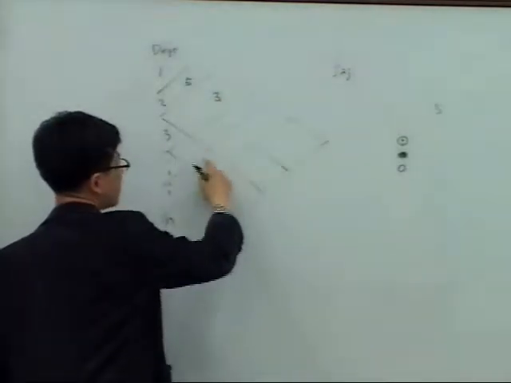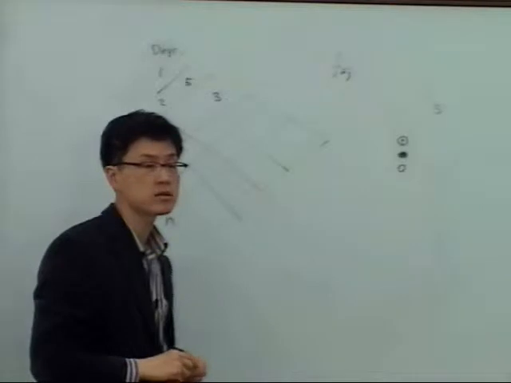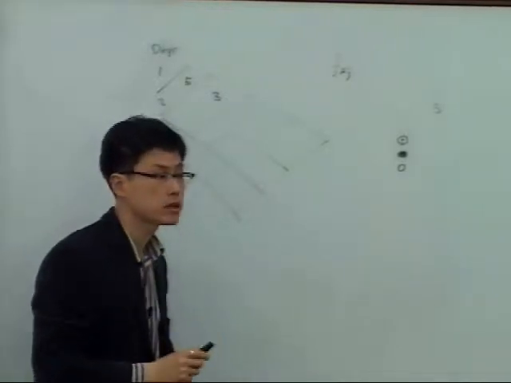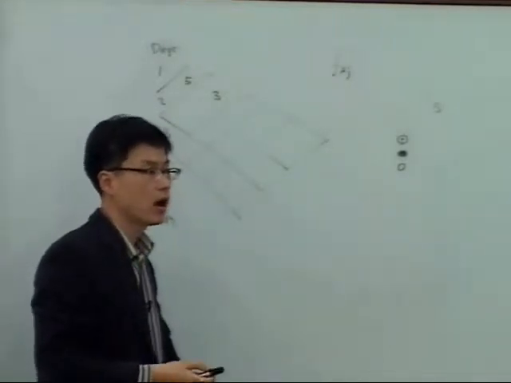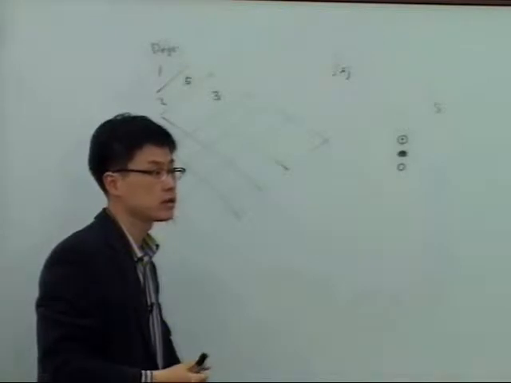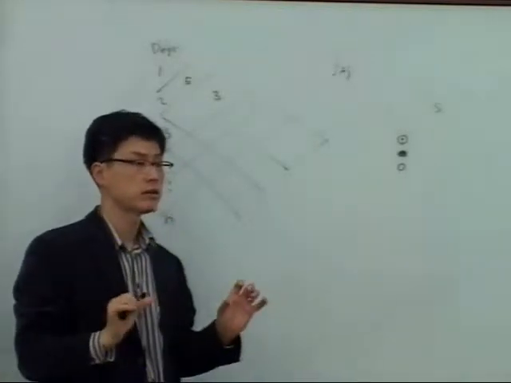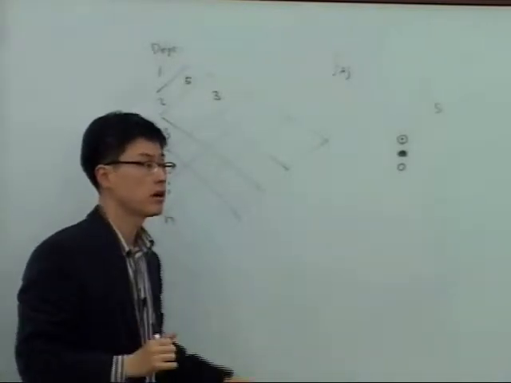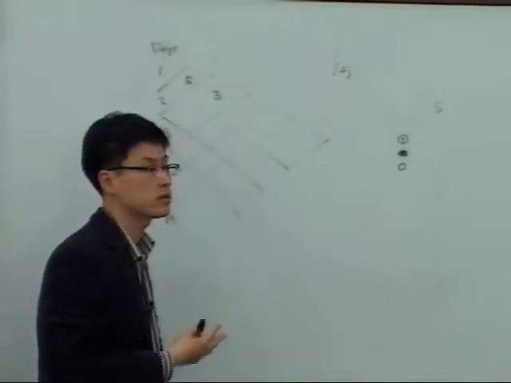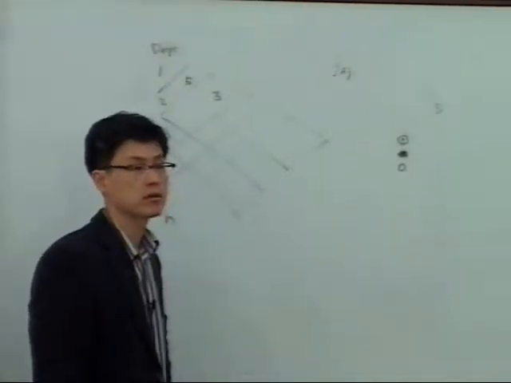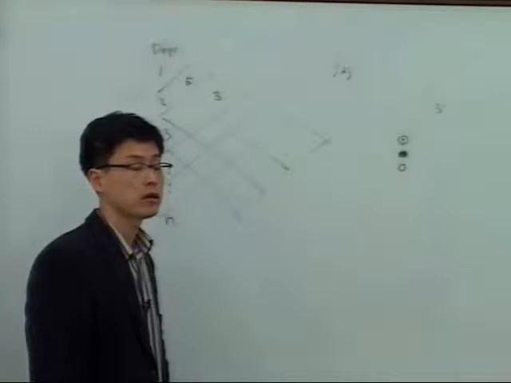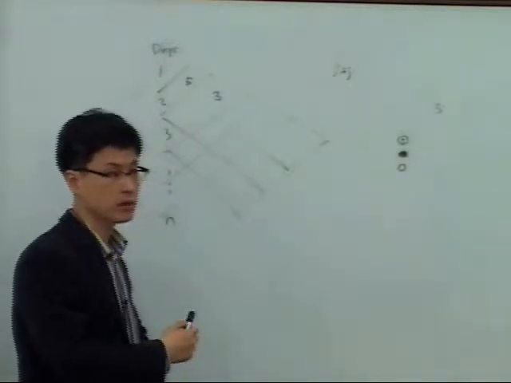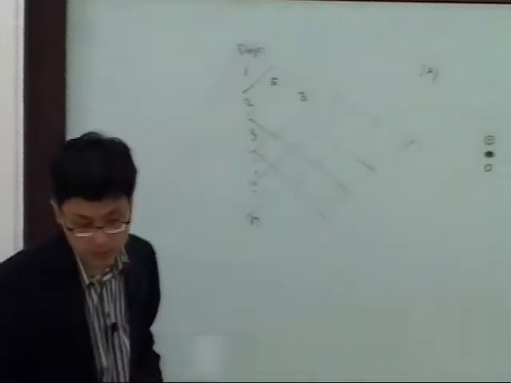So by filling each of these empty spaces, you can systematically describe how much affinity, meaning the level of closeness, these departments require for a better layout design. That is the affinity diagram.